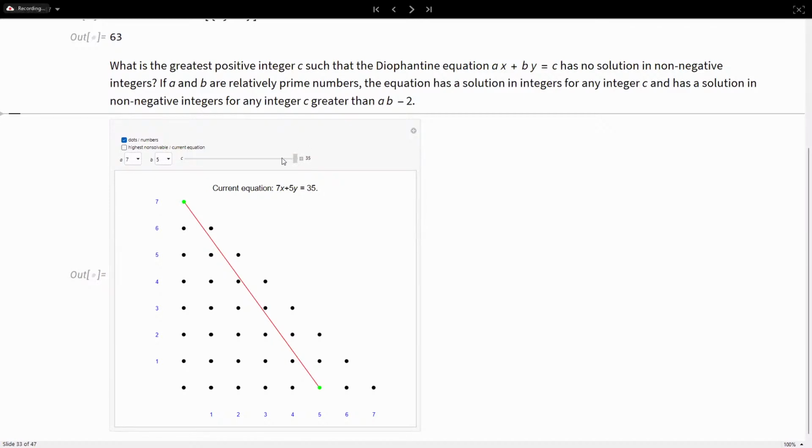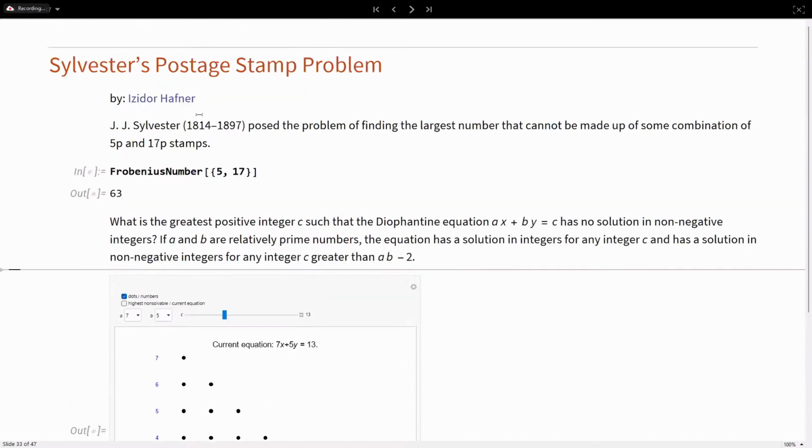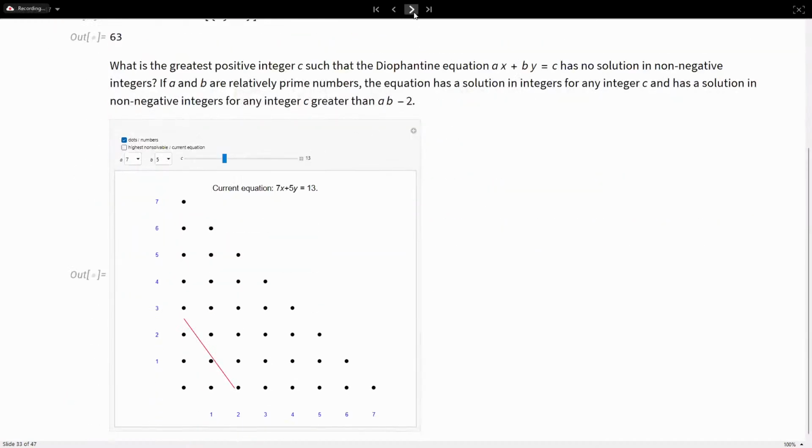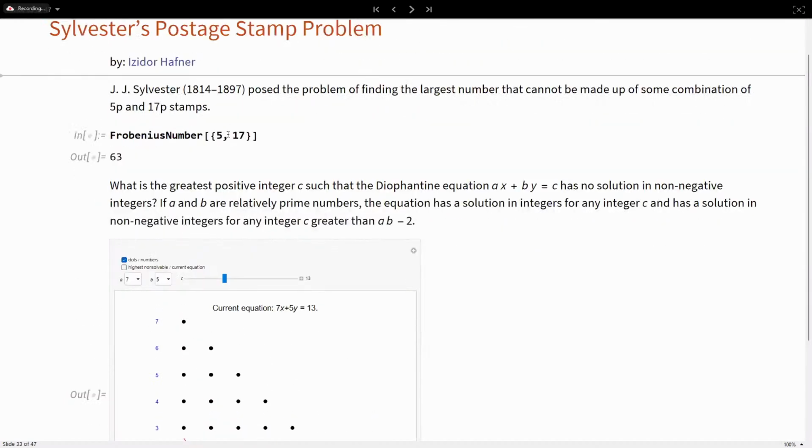And as you move the line, you can eliminate different values that do or do not appear. And this is one of the methods used to solve the original problem. But the Frobenius method works more easily.